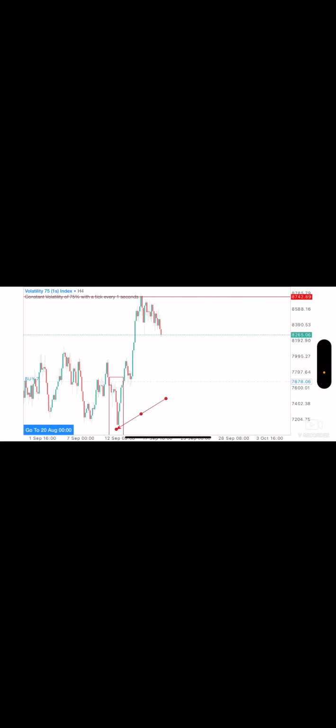Let us see all what happened from this point, from the body of the candle, which is this point, to the bottom of the candle, the wick. Let's see what happened on H4. We've checked out H4 before. Now let's see what happened on 1 hour time frame.